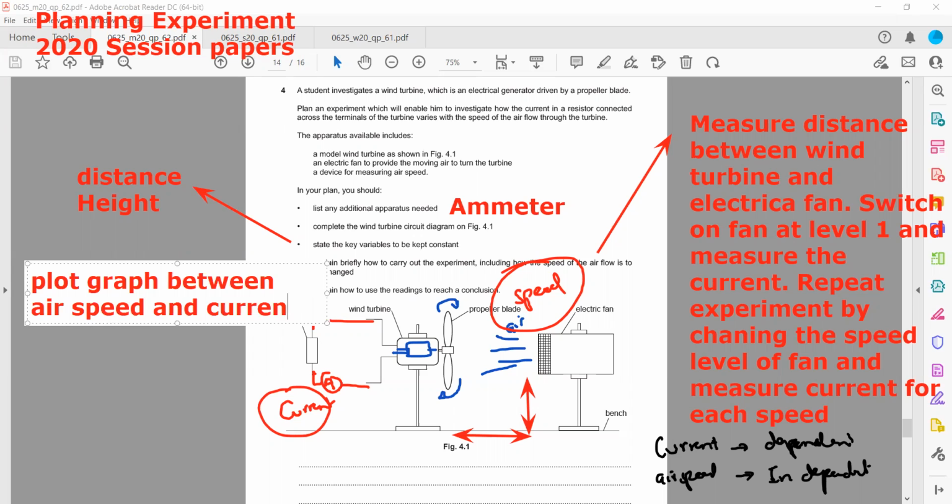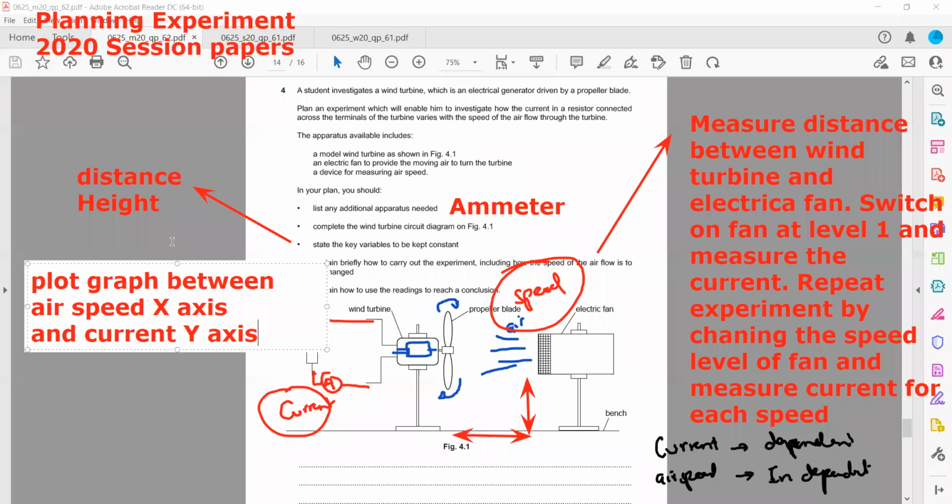But when you mention plot a graph between the quantities, you should mention which axis you are plotting. Normally in physics, on the x-axis we have the independent variable and on the y-axis we have the dependent variable. So air speed is independent, that's why it should be on the x-axis. And the current produced depends on the wind speed or air speed, so that is on the y-axis.